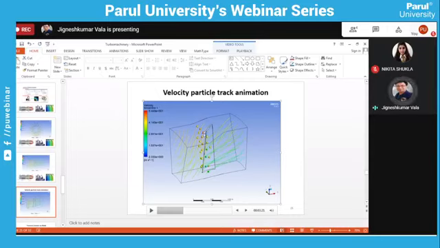Look at this: at the lower part, the backside of the blade, it has a low velocity compared to this point. This particle of air travels from here to here, from the leading edge to the trailing edge, and then exits from the system.